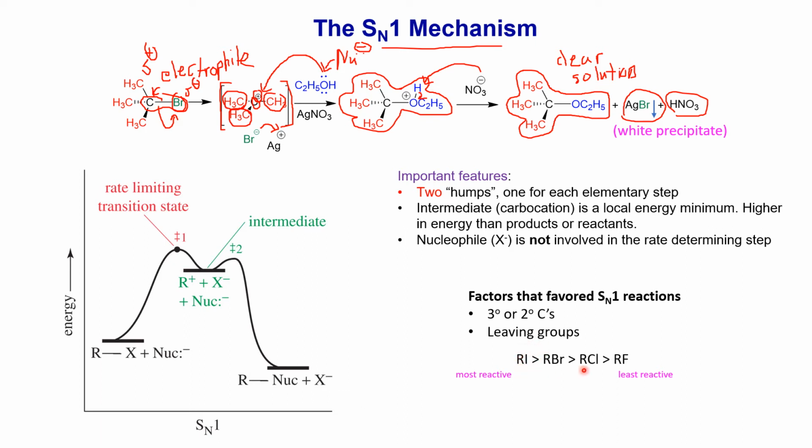Iodine is a weaker base compared to the fluorine atom here. So the weaker base doesn't like to share electrons with carbon, right? That means they like to leave and they like to be alone. So it is very reactive, okay? Weaker bonds will break off easily, okay? So this is the signature of the Sn1 reaction, and let's look at the Sn2 reaction in the next slide.